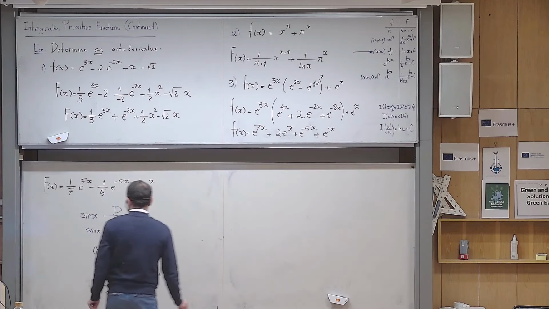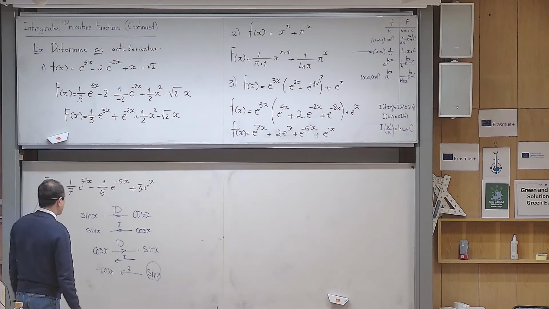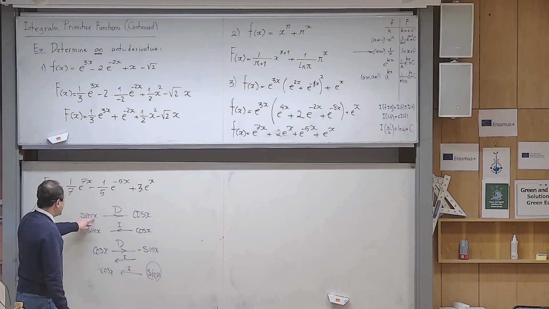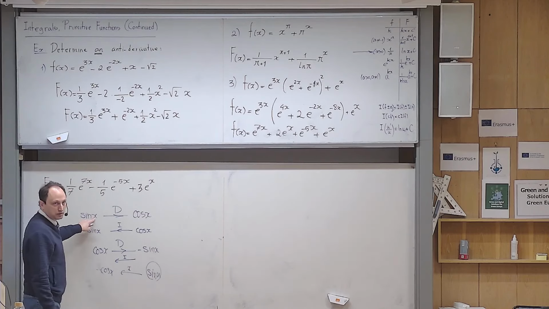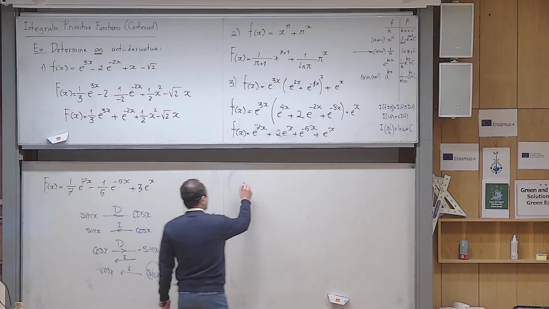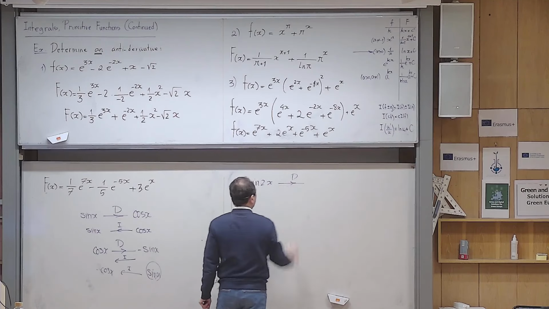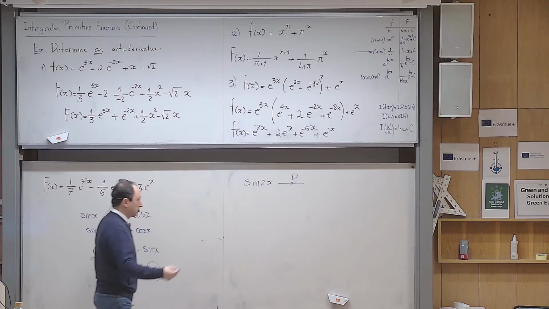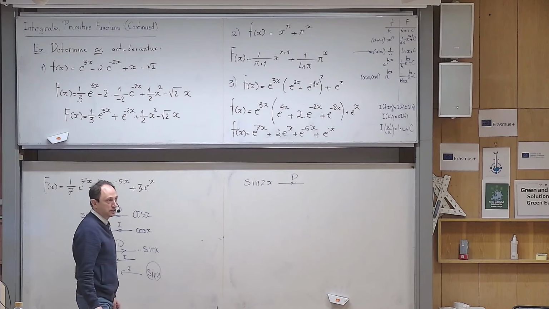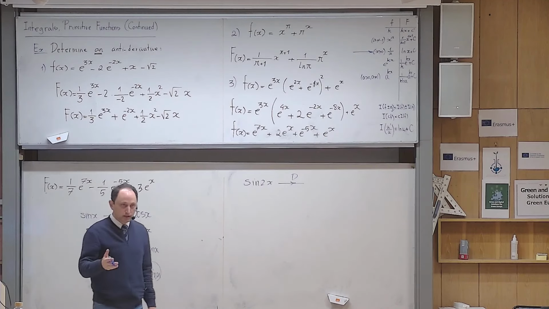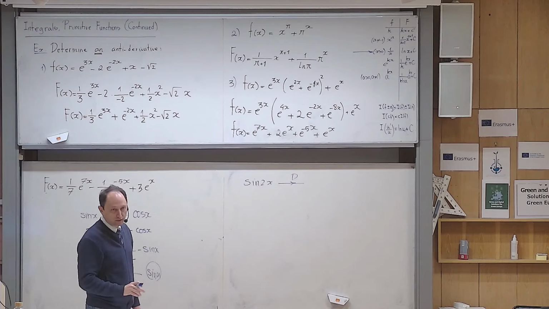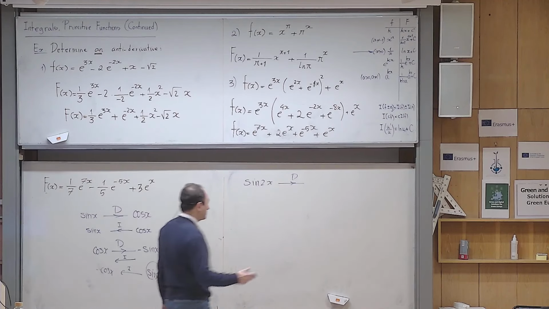But then let me ask you one more question because the formulas are more complete than that. If I have a factor in the argument, then what happens? If I give you sine 2x and I ask you to differentiate it, what do you get? The chain rule becomes involved, yes? It becomes cosine 2x, but you have to multiply by the derivative of 2x itself, which gives you a factor of 2.